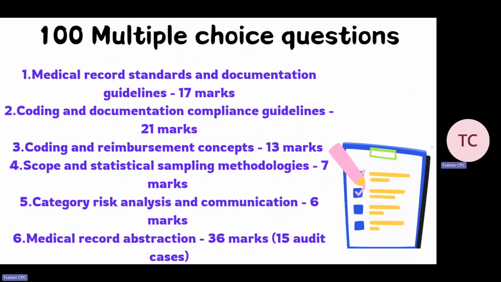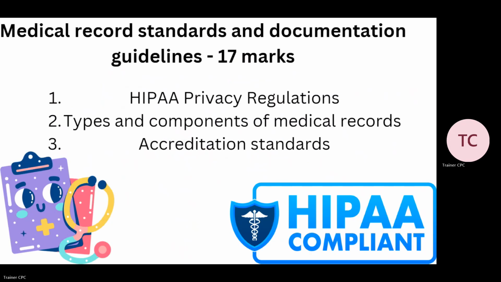From 15 case studies, you are going to get 36 marks. Under each case study, you can expect 1, 2, or maximum 3 questions. Okay. So let us discuss in detail about these chapters, which we have discussed in the previous slide.